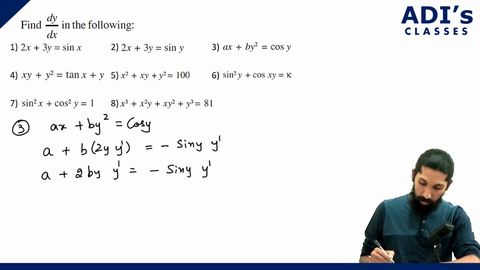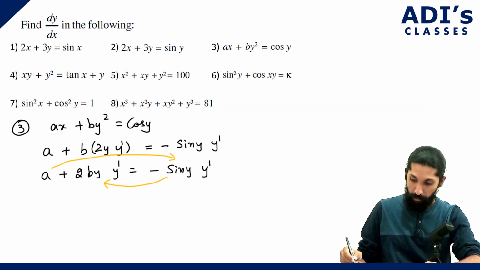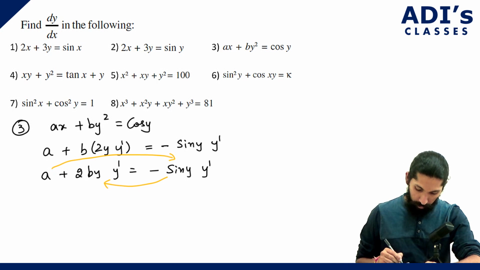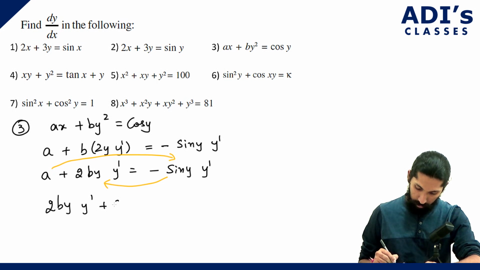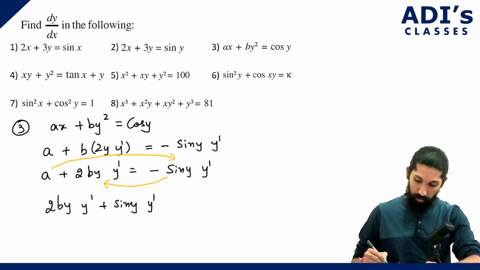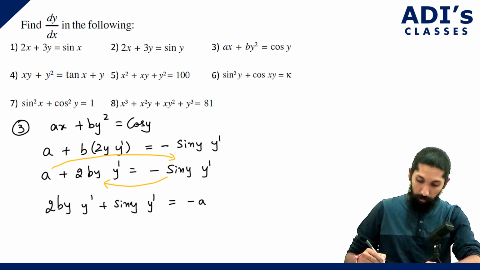See, now what we'll do is, we'll take the minus sin y this side and we are going to take the a this side. Transpose. Now when you transpose, you'll get 2by into y dash plus sin y into y dash. So this value is equal to minus a. Correct? So take y dash common.